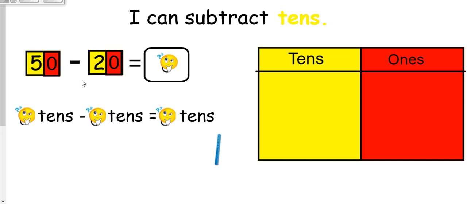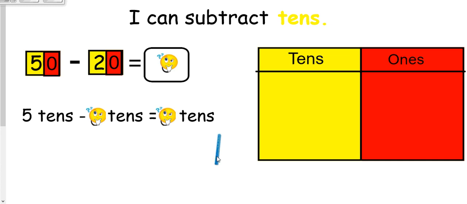So to build 50 minus 20, what do you think we need to build on our place value chart first? The whole. The whole is 50, so we need to build 5 tens, right?